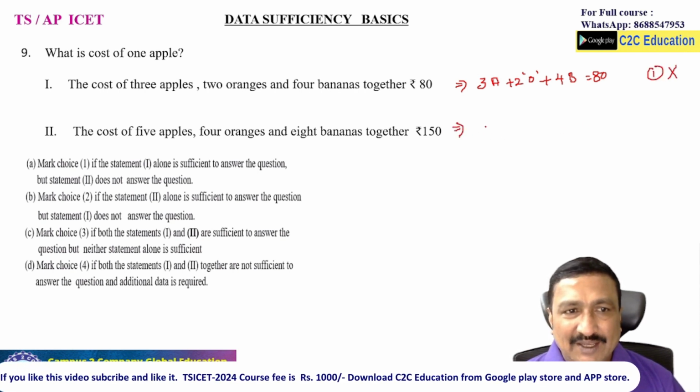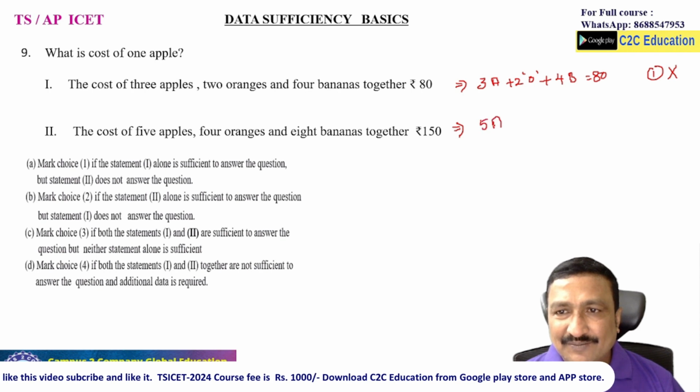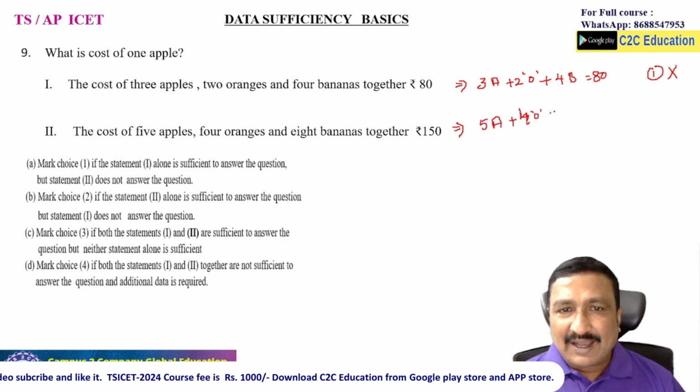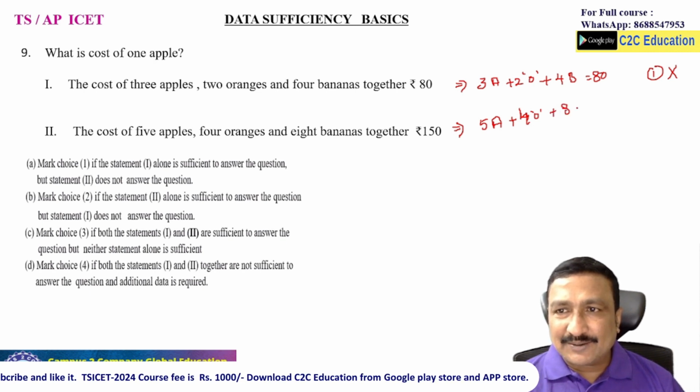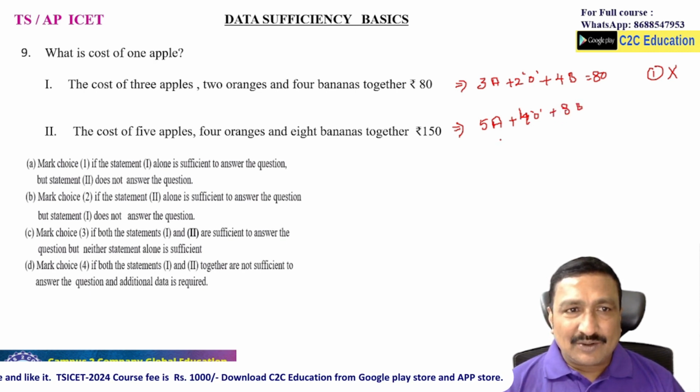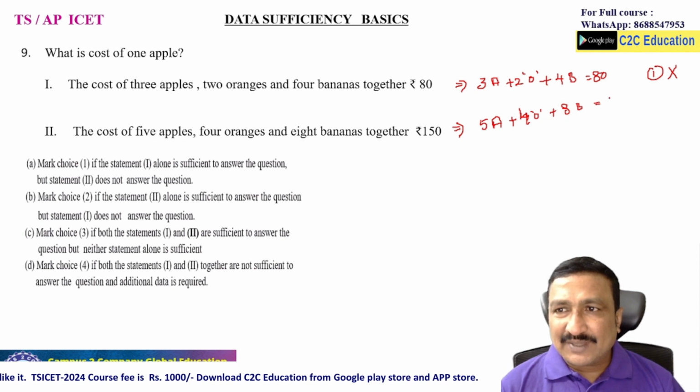Second one: the cost of 5 apples, 4 oranges and 8 bananas is 150 rupees. So the second statement also has 3 different variables and one equation, we cannot find. So the second statement also is not sufficient.